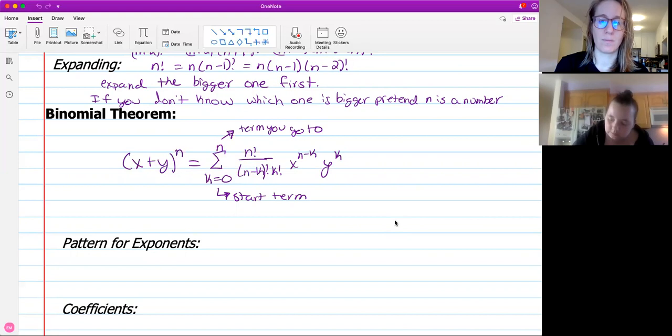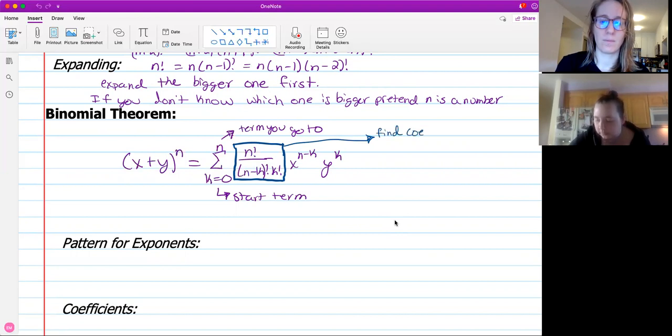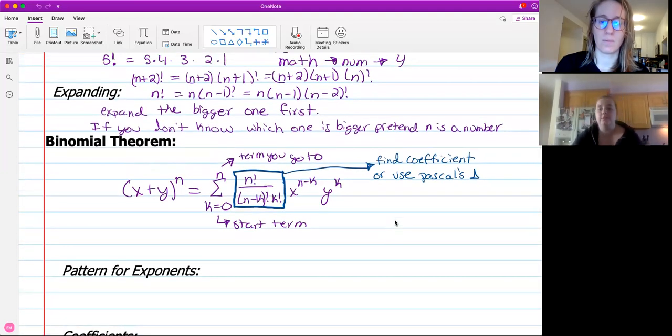Okay, and then this factorial piece here can help you find coefficients. If you don't like using this to find coefficients, you're more than welcome to use Pascal's triangle, but this will find your coefficient for whatever term you are finding in your expansion. But remember, when you're using Pascal's triangle, if you have, I don't know, term 20, you don't want to write out 20 rows of Pascal's triangle because that just sounds annoying.